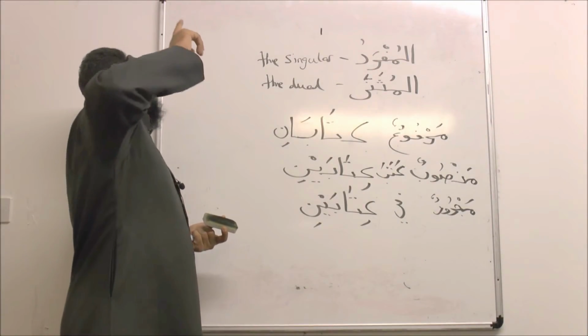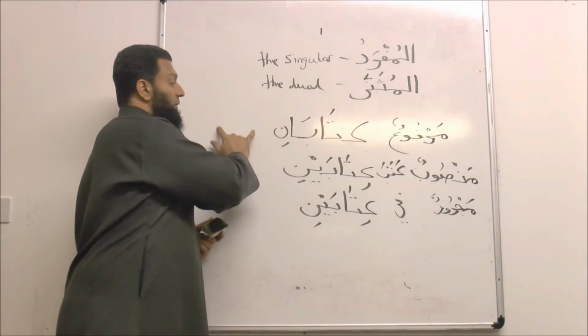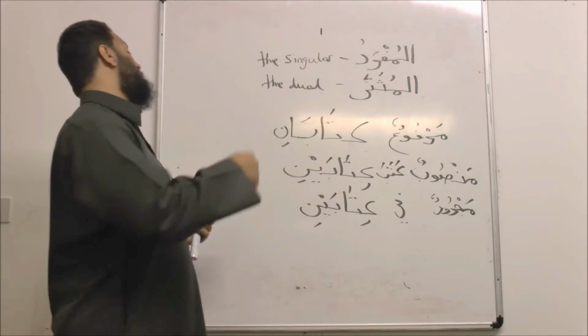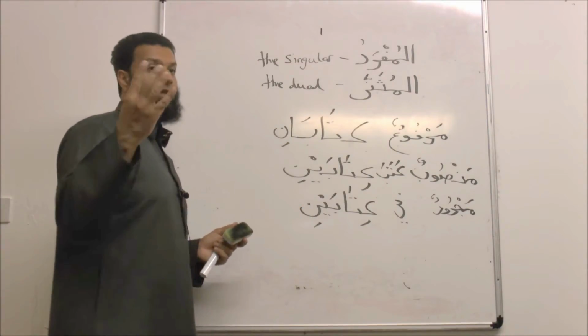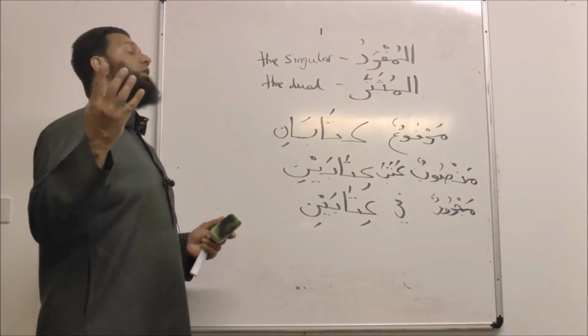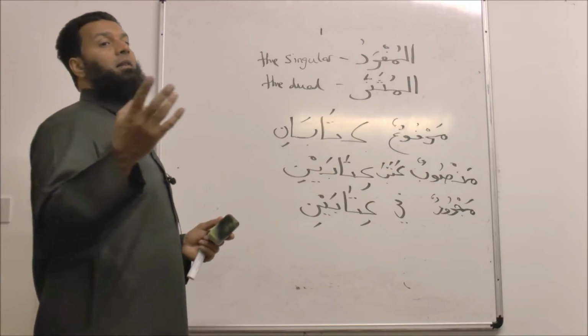Remember, we have already mentioned that the sifatun must agree with the mawsufun, that which it is describing, in four matters. Those four matters are gender, number, starting and finishing.